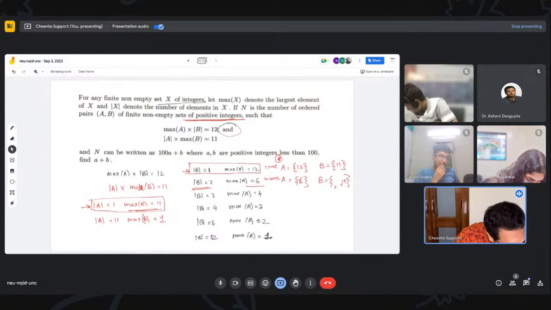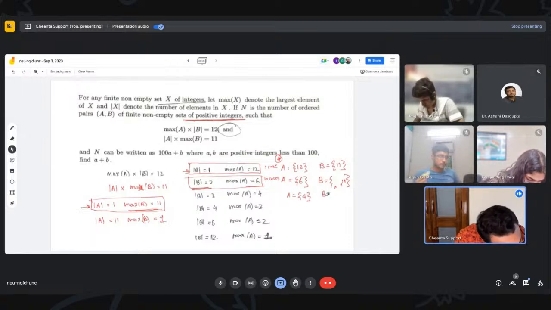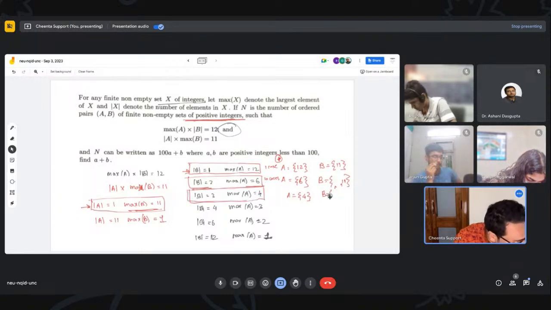The next one is min A equals 1, max A equals 4, and B has three numbers. The largest one is 11. So the remaining two numbers must be chosen from 10. So there are 10 choose 2 cases.